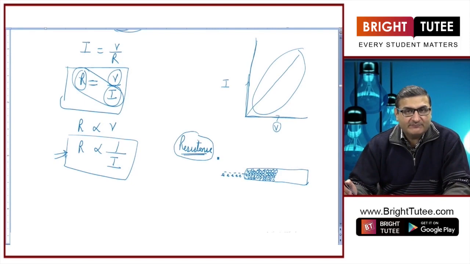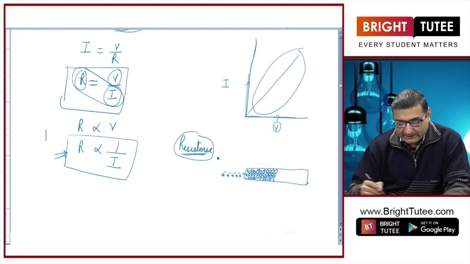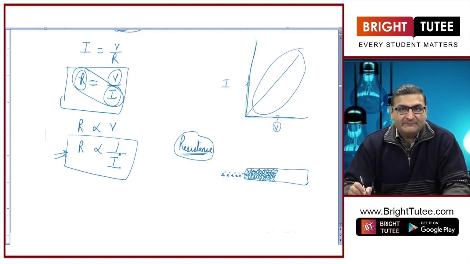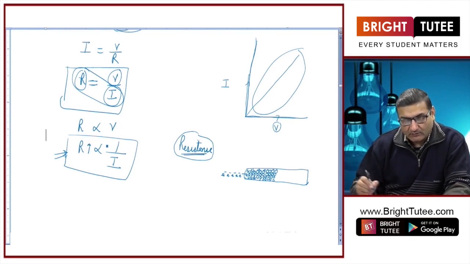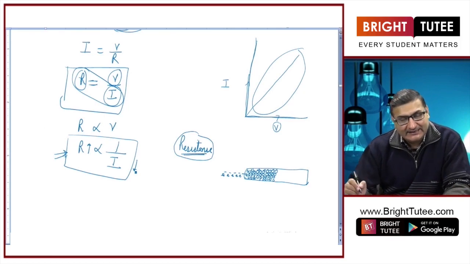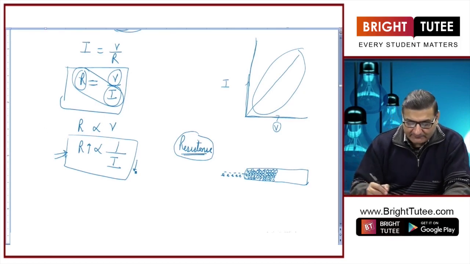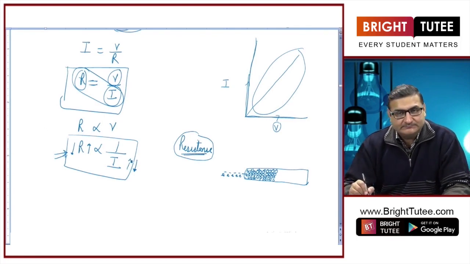It is the opposing force of a substance to the flow of electrons, right? And this is how we are able to understand why resistance and current are inversely proportional to each other. If the resistance is more, then they will not allow electrons to pass through it, the amount of current will be less. And if the resistance is less, then the amount of current that can pass through it is more.